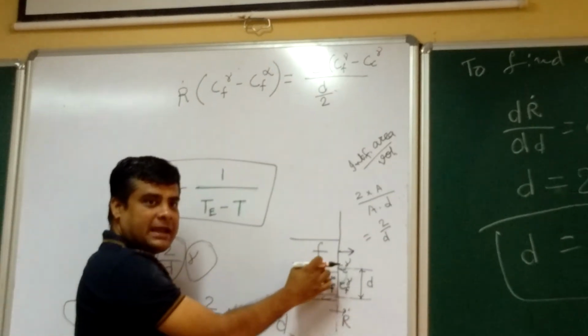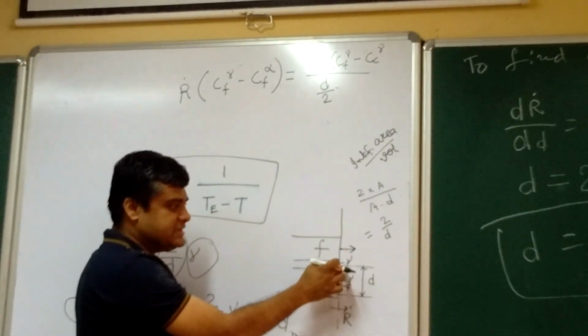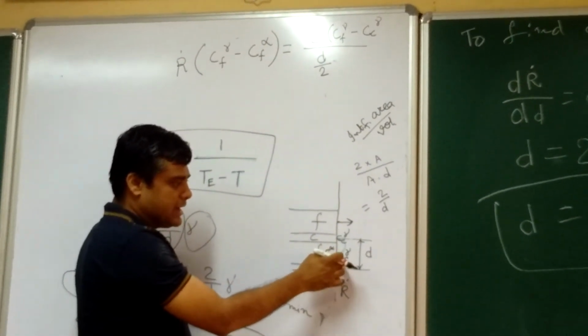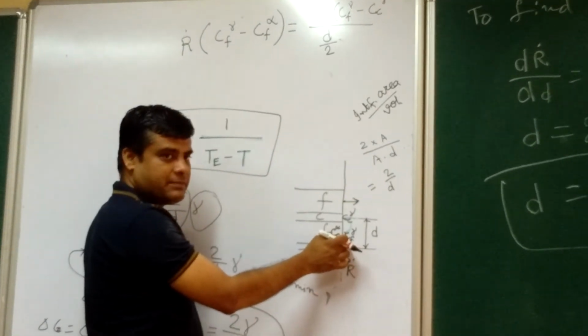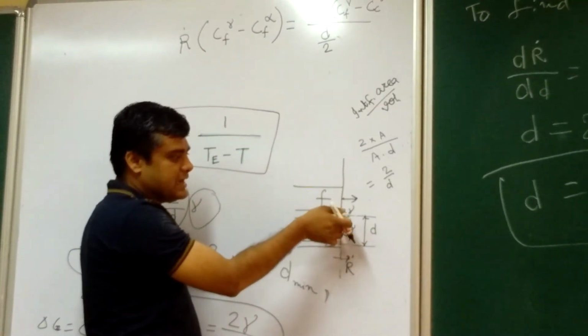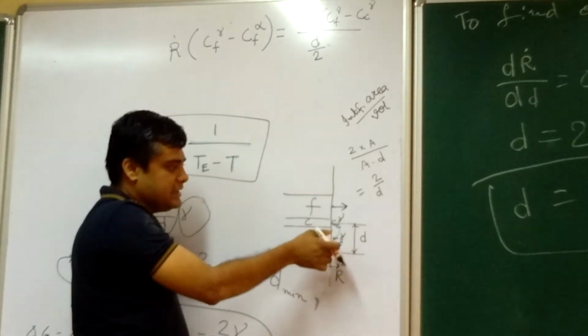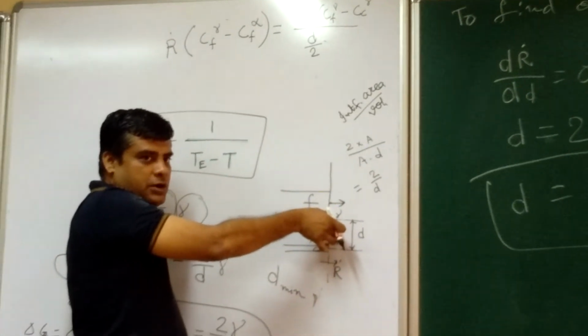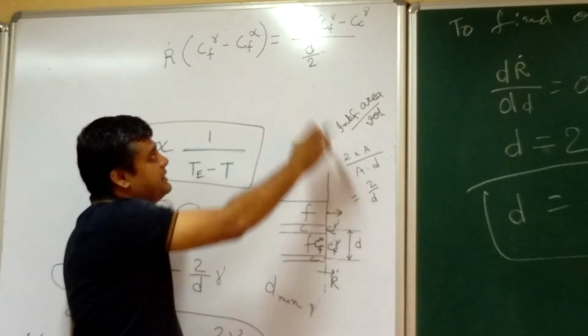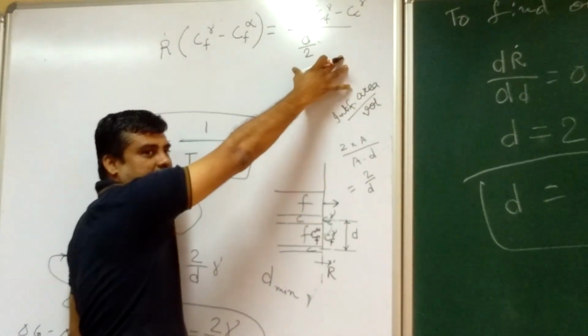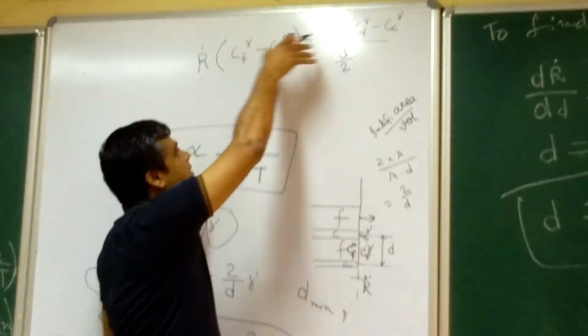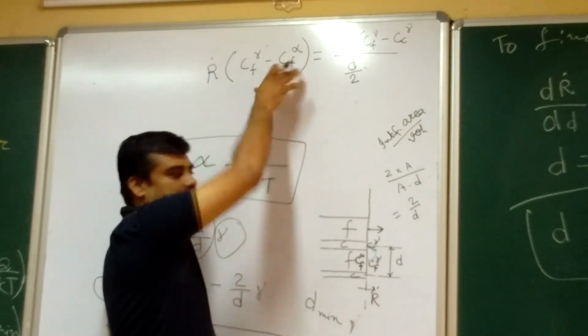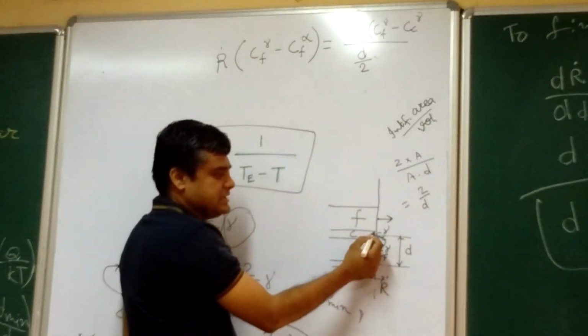So in front of cementite in the gamma, concentration is Cc gamma. In front of ferrite it is Cf gamma. Cf gamma minus Cc gamma, this concentration difference divided by d by 2, is your concentration gradient, multiplied by diffusivity. That is the flux. That flux should be equal to this one, because as soon as it reaches, this grows and this takes that.